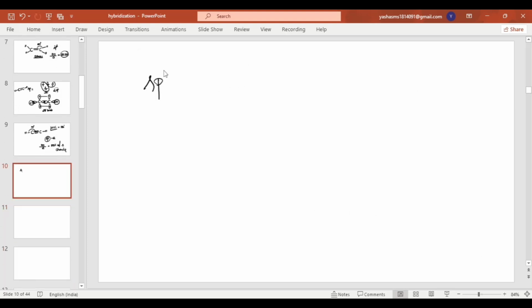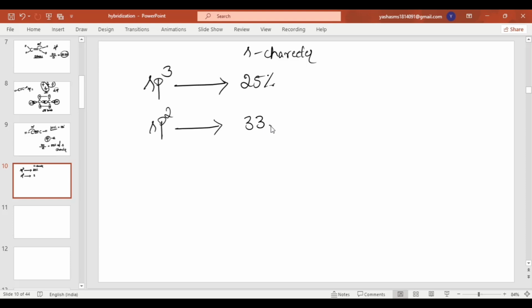In sp3 hybridized carbon, the s character is 25%. In sp2 hybridized carbon, it is 33.33%, and in sp hybridized carbon, it is 50%.